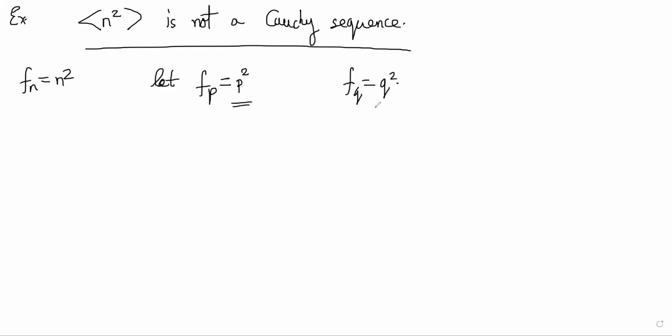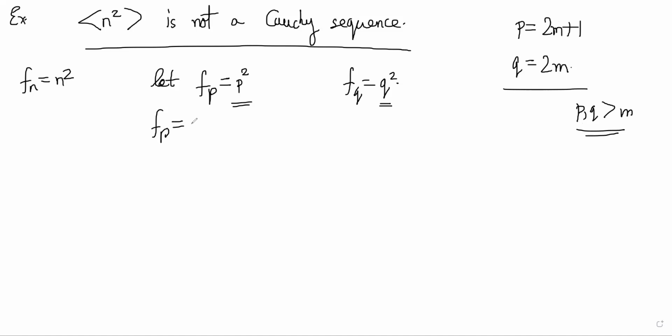Let's take two successive terms. So p is equal to 2m plus 1, and q is equal to 2m. Both p and q are greater than m, but these are two successive terms of the sequence. So fp will be 4m square plus 4m plus 1, and fq will be equal to 4m square, right?